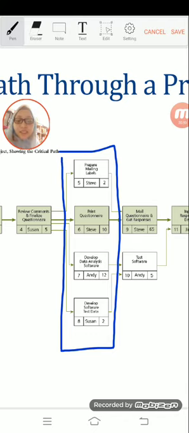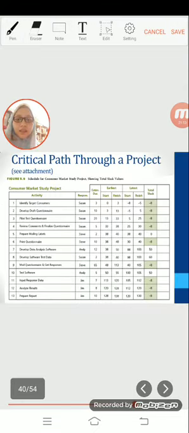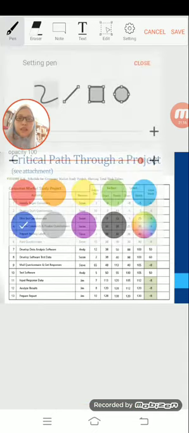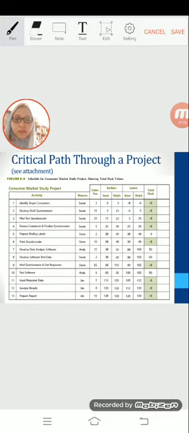You can see here activity number 5, 6, 7 and 8. Okay, this is 4 activity. Do it in parallel. Mean you can do it together. Okay, activity number 5, 6, 7 and 8. Okay, you can see here.